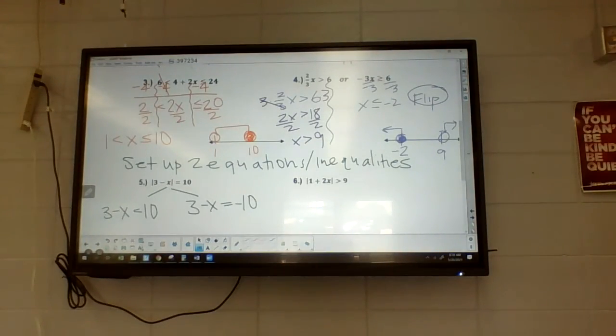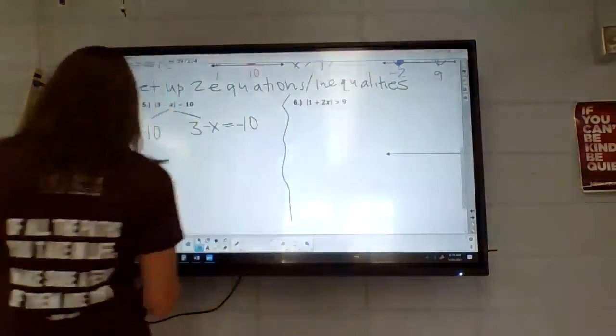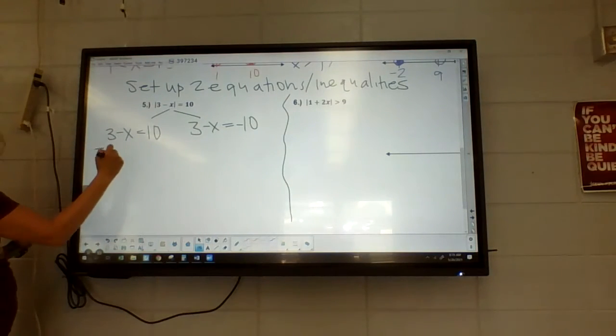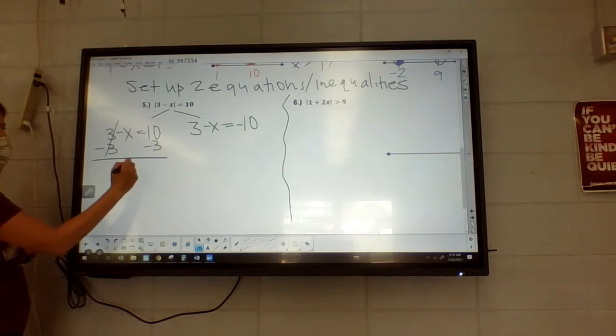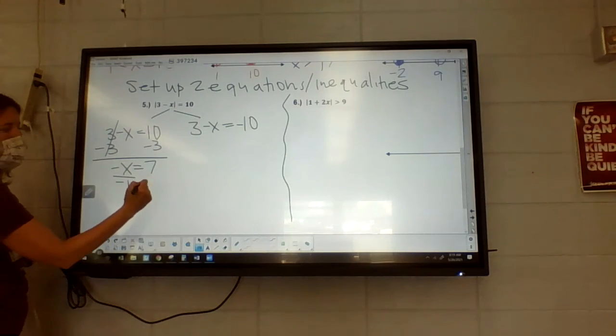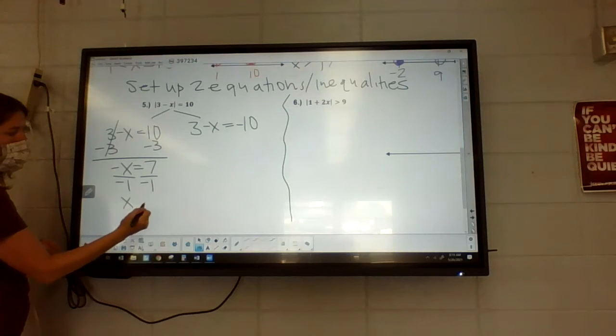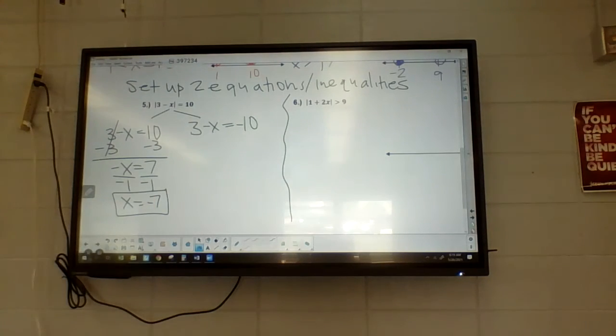And so then we were saying what values would give us that. So I just have to solve each of these. Now this is not an inequality, so I don't have to worry about any kind of flipping, even though I do divide by a -1. So I end up with this one with a -7.